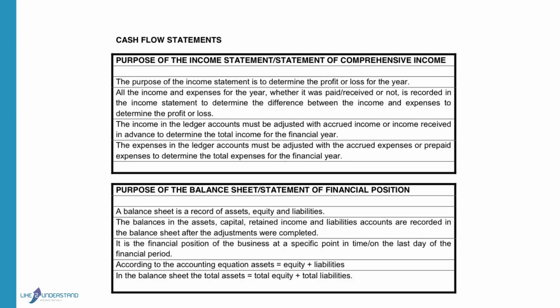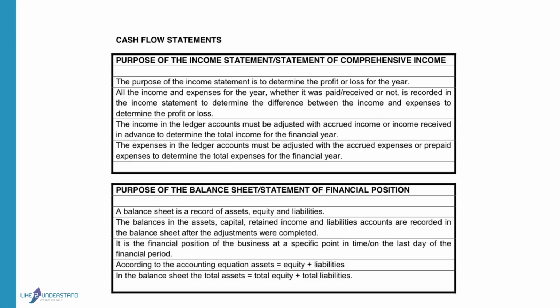year. You will record all your income in the income statement, whether it was paid or not. All the income will be recorded in the income statement. So if you didn't receive all the income before the end of the financial year, adjustment will be made to increase the income in your general ledger so that you can show the total amount in the income statement that you are supposed to receive for the year, although you didn't receive all of it by the end of the year.